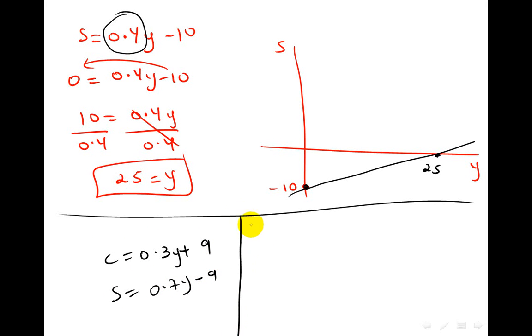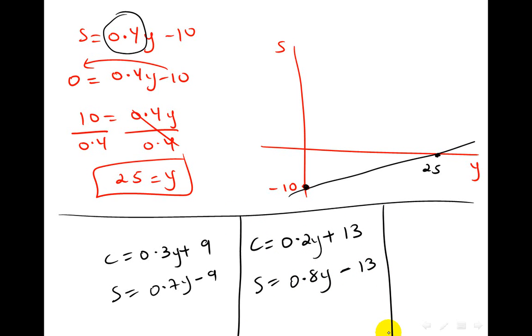Okay, another example, let's say that your consumption is 0.2y plus 13. So what would be the saving function? Same thing, 1 minus 0.2, which will give you 0.8y minus 13.